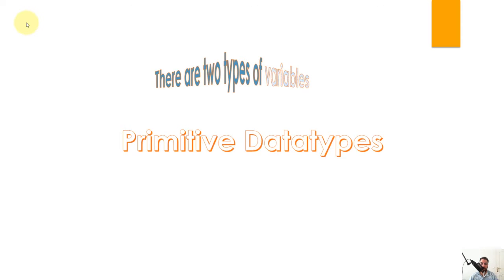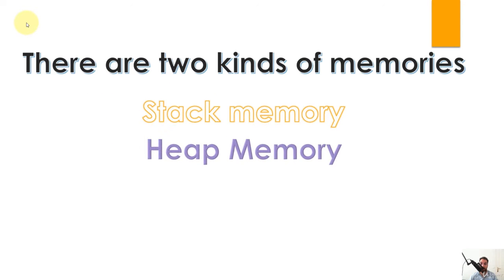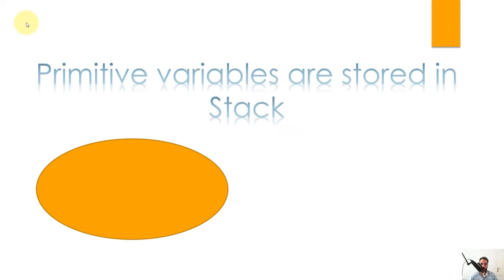So there are two types of variables. We've got primitive data types and we've got reference types. There are also two kinds of memory. We have stack memory and we have heap memory. For example, primitive variables are stored in the stack. Inside the stack memory, we create a variable and we name it age, and the value is assigned to that variable.